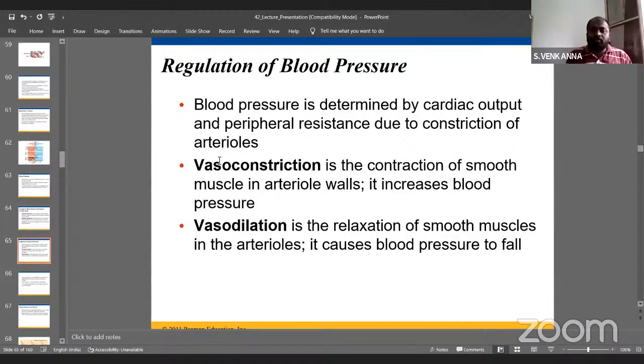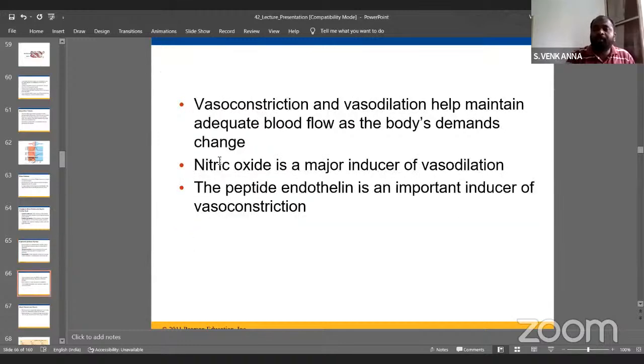Vasoconstriction is the contraction of smooth muscles in arteriole walls, increasing blood pressure. Vasodilation is the relaxation of smooth muscles in the arterioles. It causes blood pressure to fall.